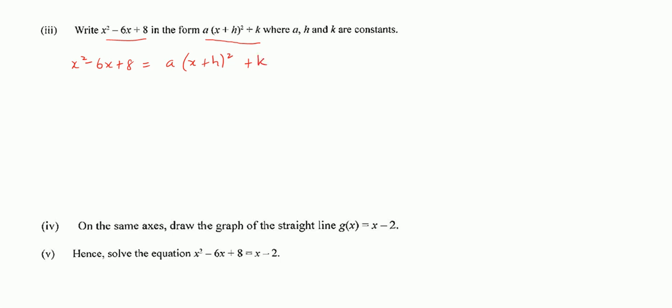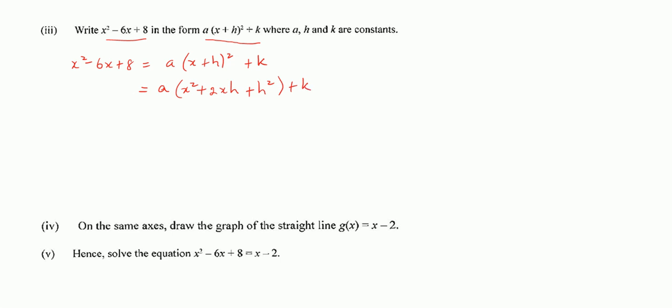All we need to do is simplify the right-hand side and then equate it to the left-hand side. So let me show you what I mean. We expand the brackets, x plus h squared. That'll be x squared plus 2xh plus h squared, plus k.